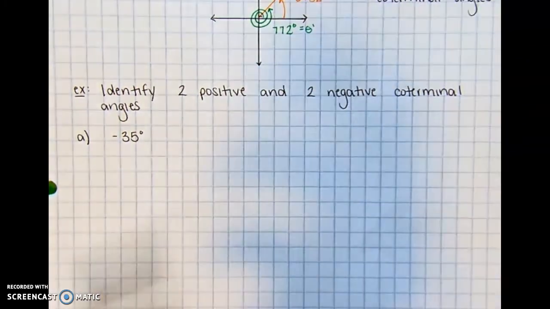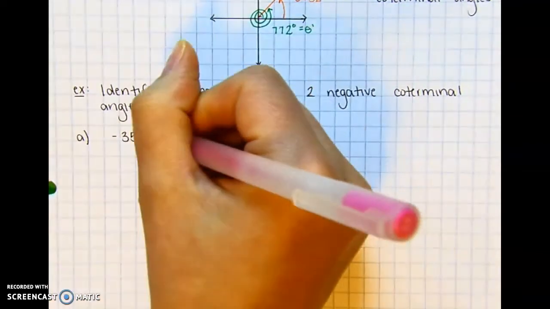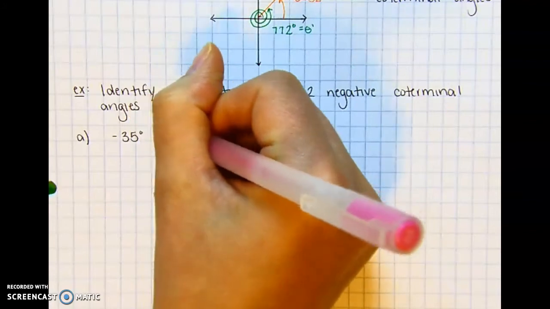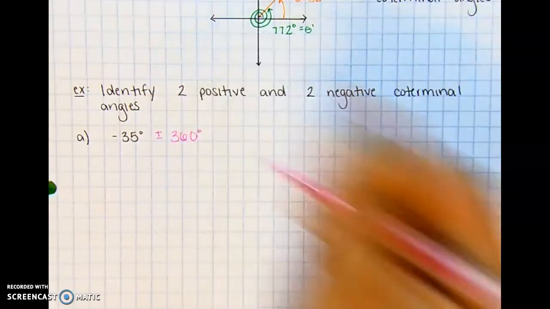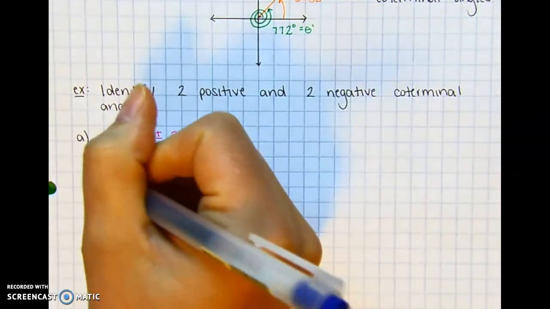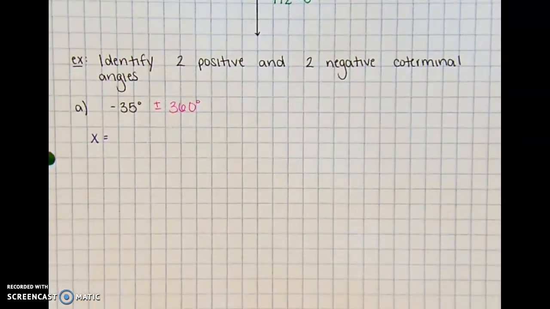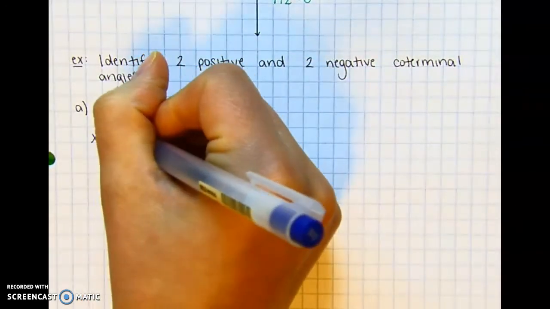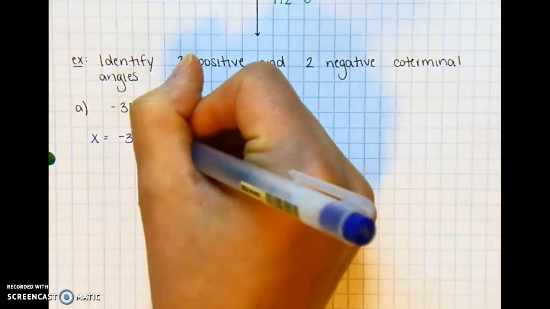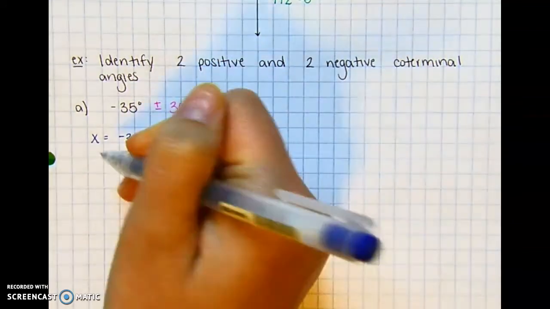Okay. So to find two positive and two negative, what we're going to do is we're either going to add or subtract 360 degrees. And because we want two, we're going to do each one twice. So first I'm going to do my positive angles. So I'll just say x equals for my coterminal. So I'm going to take negative 35 degrees and then I'm going to add 360 degrees.